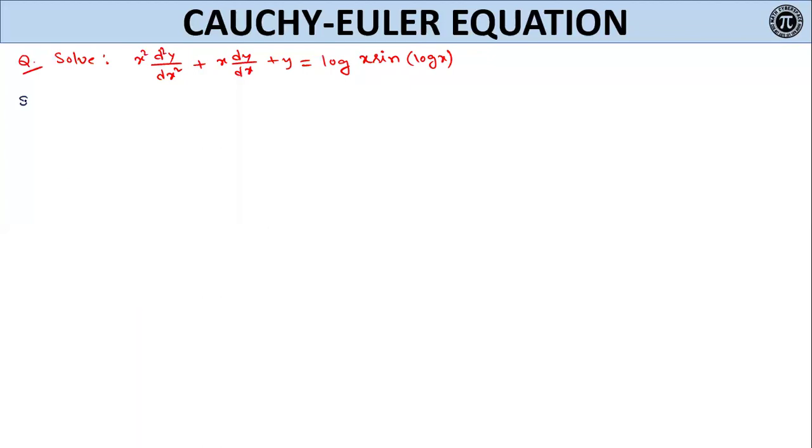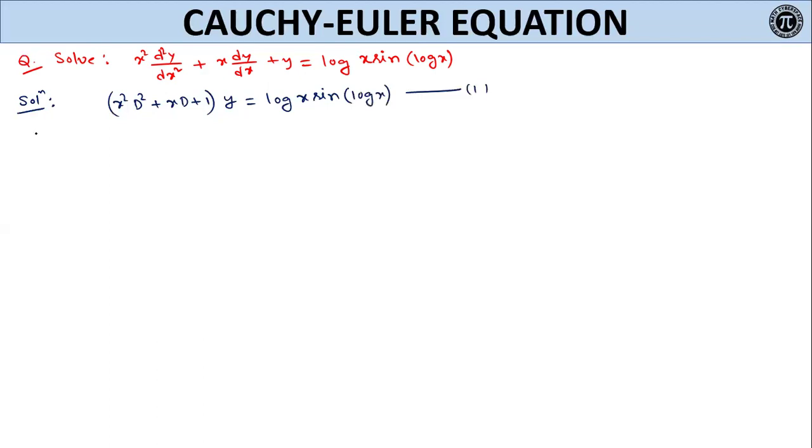Solution. Method is same. So first of all, we can write this equation in this form, that x square d2 plus x d plus 1 into y equals log of x sine log of x. Let's say this is equation number 1.